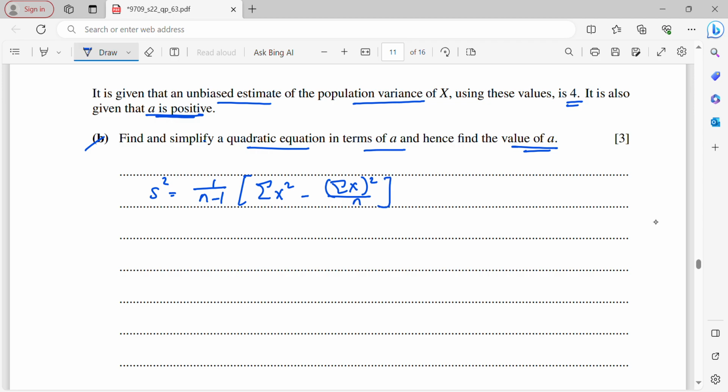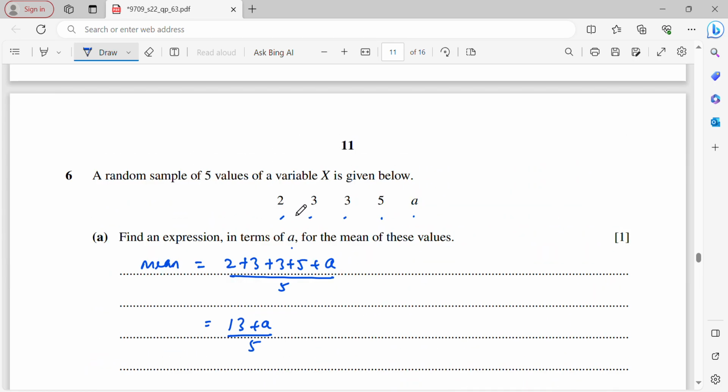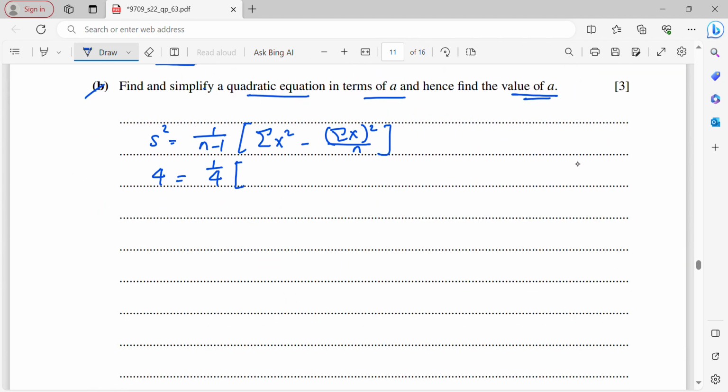Okay, so now s squared is given as 4. Since your n is 5, n minus 1 becomes 4. So 1 over 4. Summation x squared, just square all of the terms. So I'll get 2 squared plus 3 squared plus 3 squared plus 5 squared plus a squared. That is my summation x squared, minus, okay, summation x.